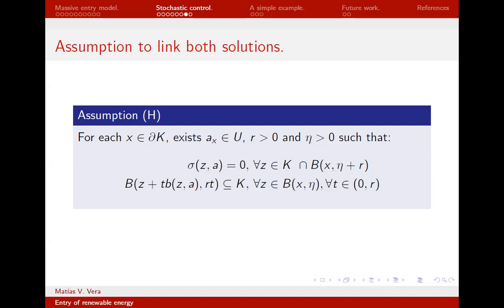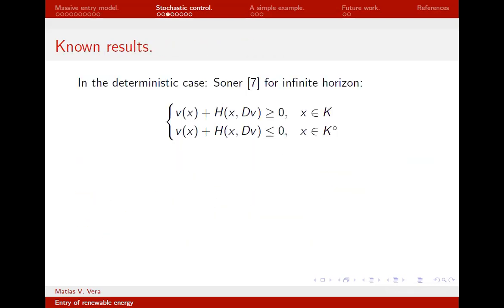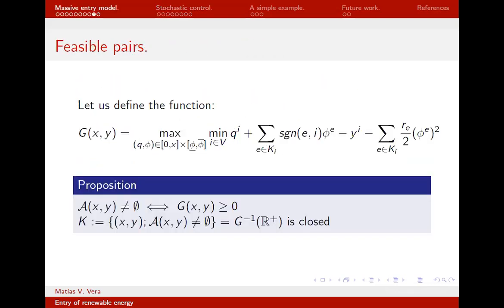K is the set in which the state must stay. Is it an integral or something, or just abstract? In this part it's abstract. In our problem, for example with two nodes, it's something like this: Q1, Q2.